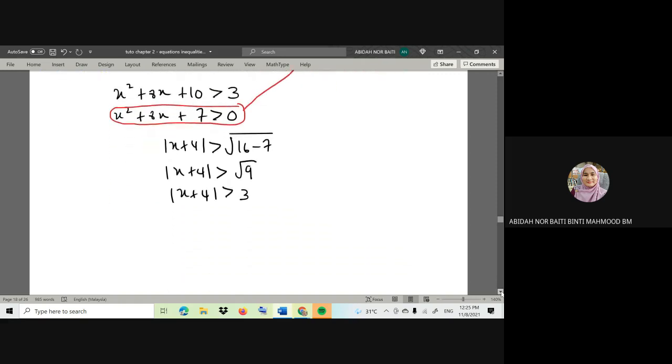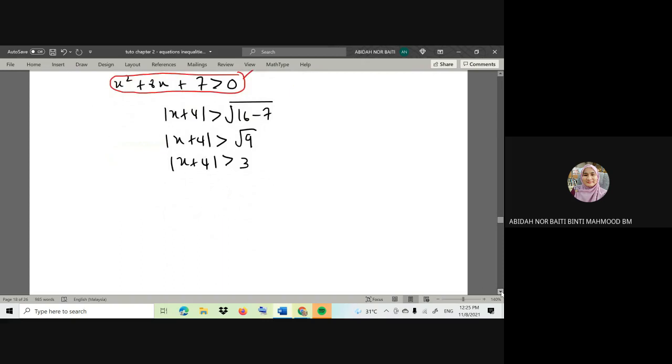Guna apa? This is linear inequalities with absolute values. Kita guna GOAL. Kita nak solve ni. This is greater. Greater or. So x plus 4 greater 3 or atau union x plus 4 less minus 3.